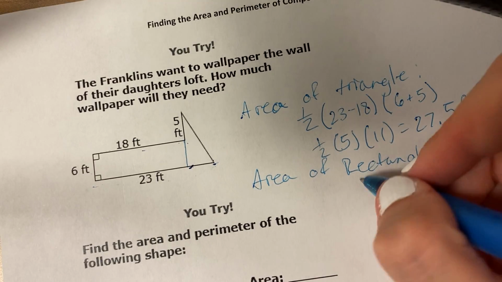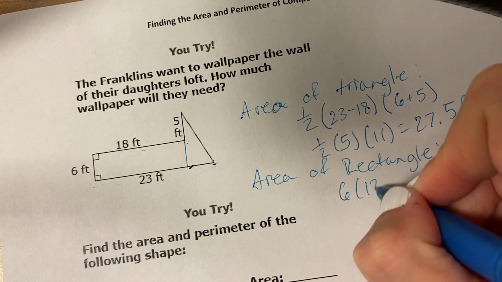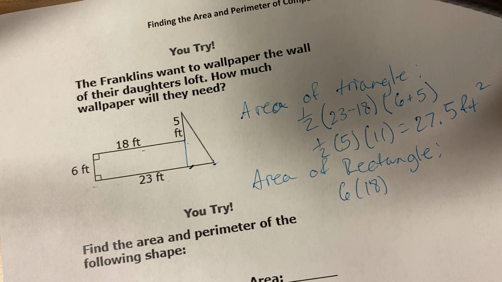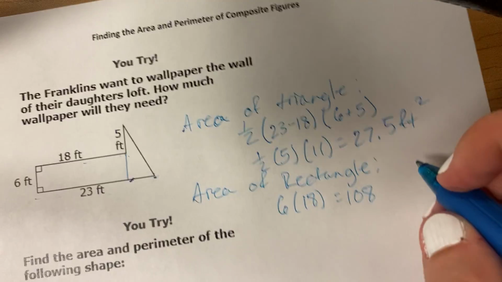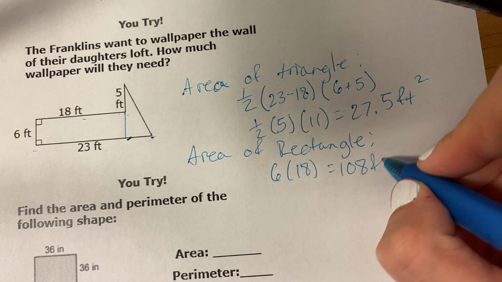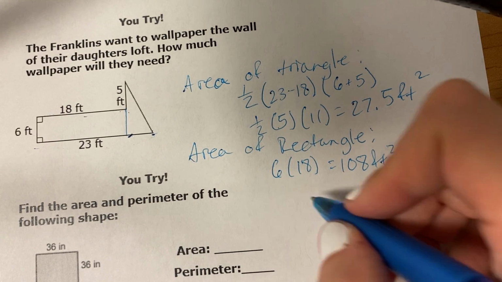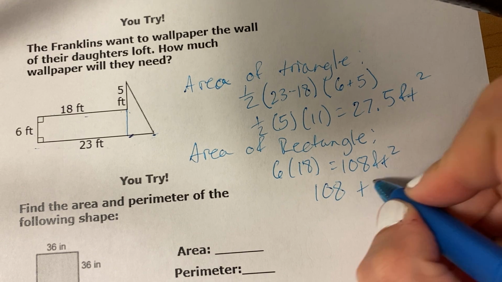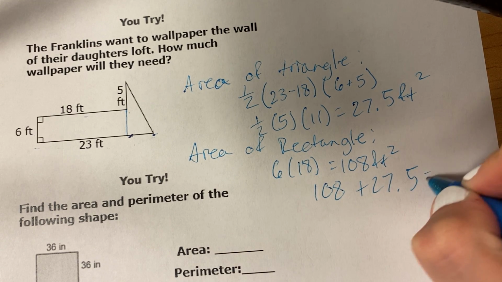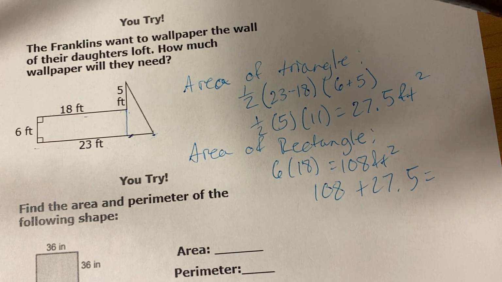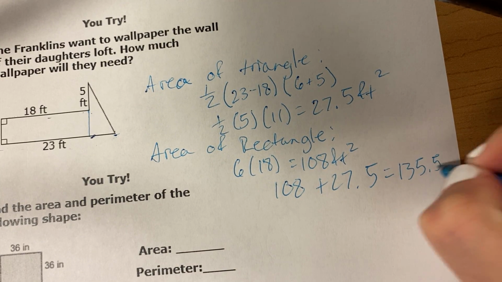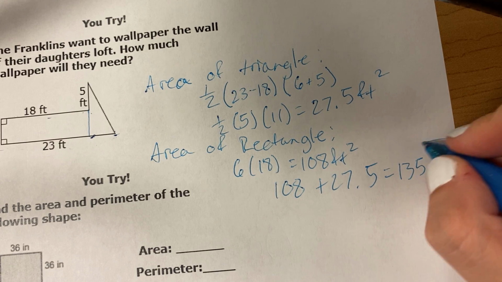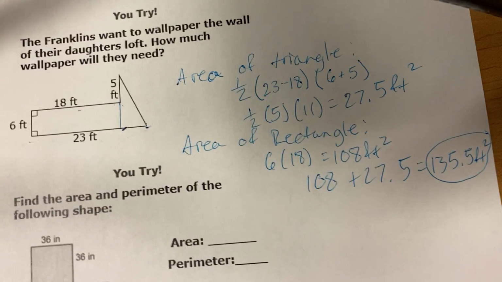It gets better throughout the year. 6 times 18, which is 108. So the area of that whole distance would be 108 plus 27.5, which is 135.5 feet squared. That's our answer.